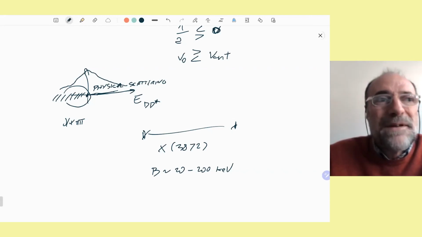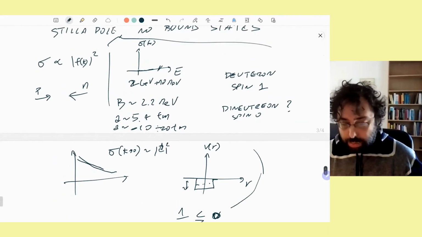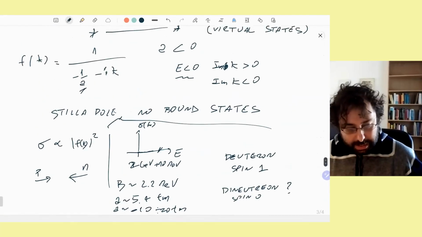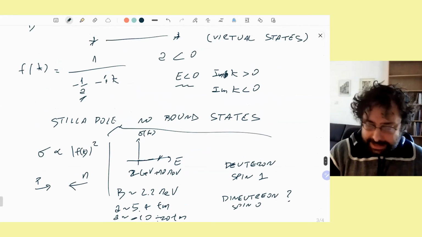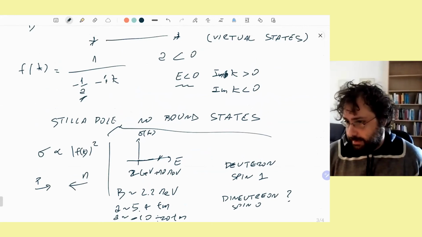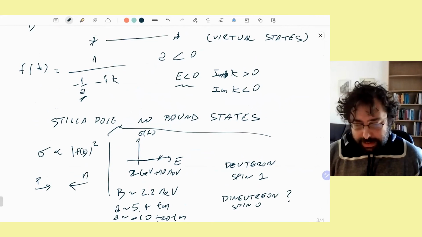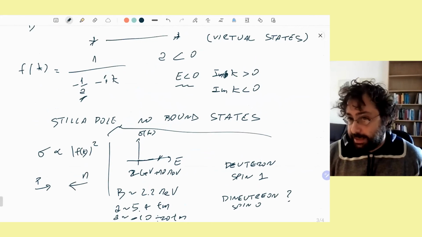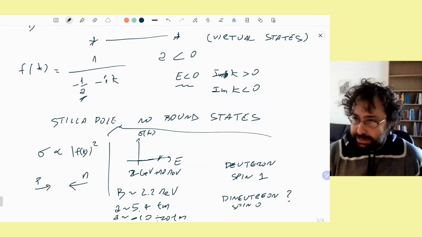Sure, just speculations. Basically, since you are so close to threshold, the only quantity that matters is really the scattering length. All the effects that you're talking about basically correspond to higher orders in k, so you're not sensitive to those.